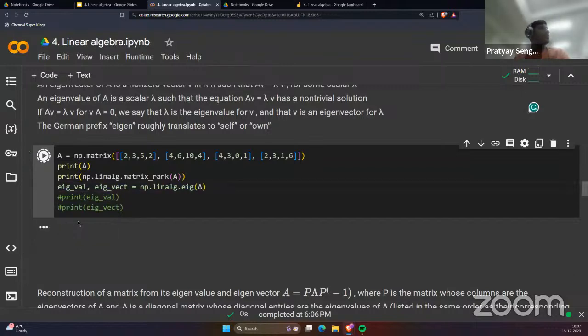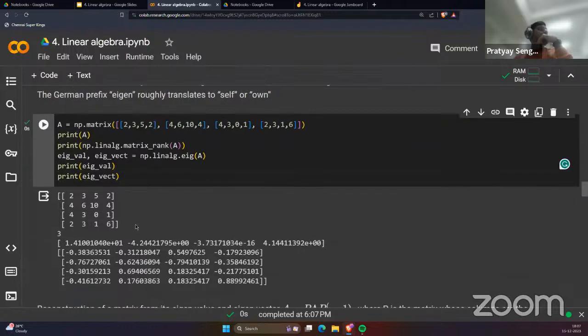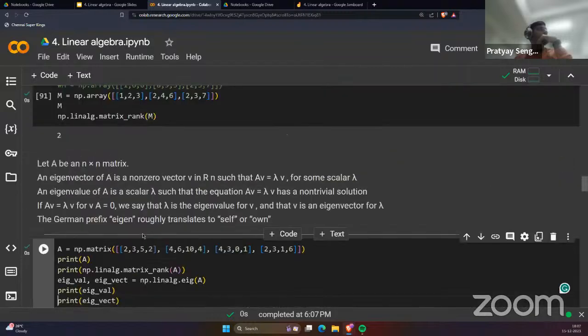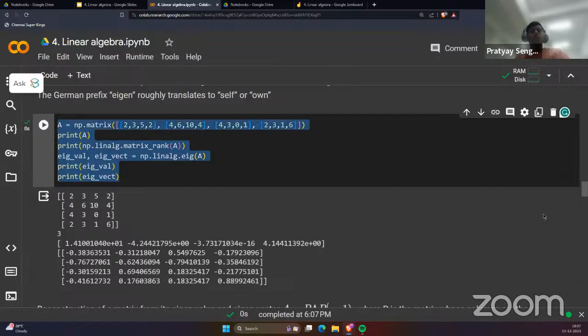So what is the eigenvalue and eigenvector? You can get that also using the function called eig. Just paste this as well.